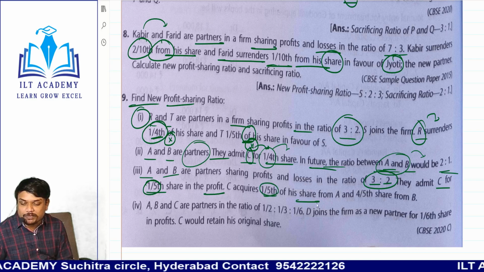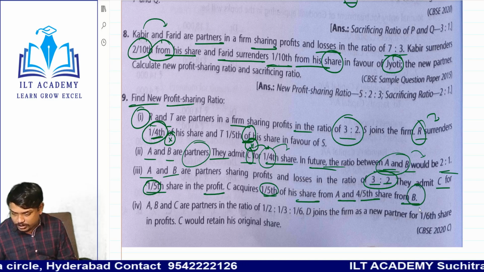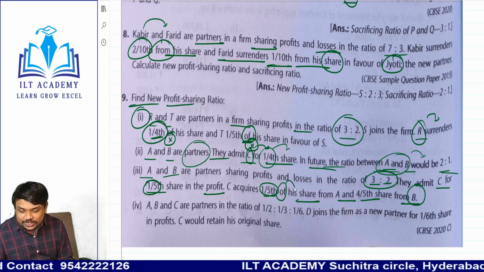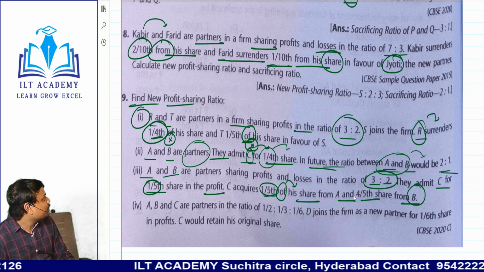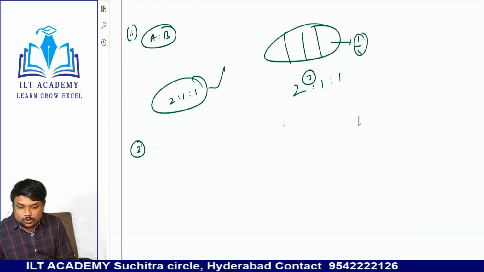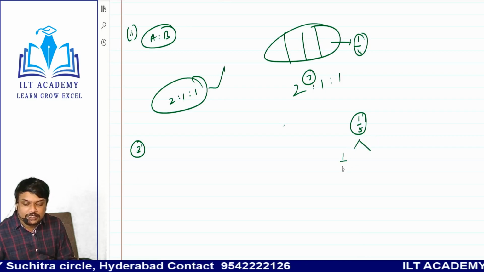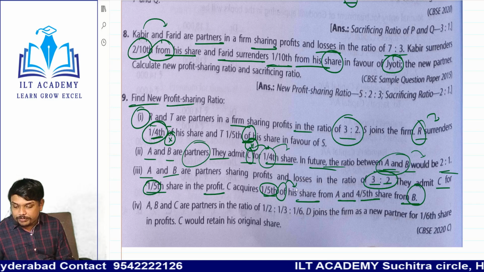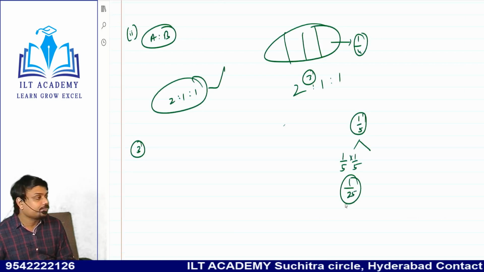C acquires 1/5 of his share from A and 4/5 of his share from B. Read it properly. Now what is the ratio? 1/5 of his share, so 1/5 into 1/5, which is nothing but 1/25.